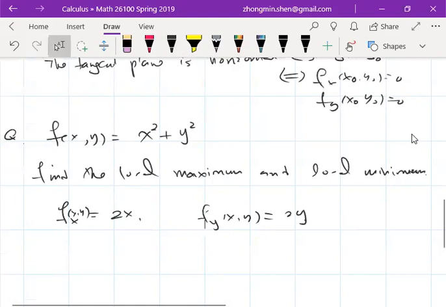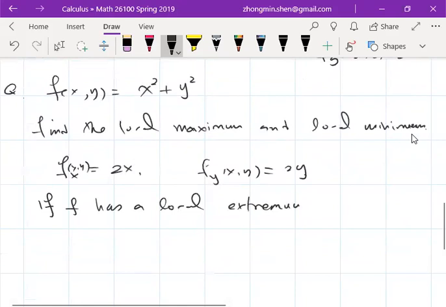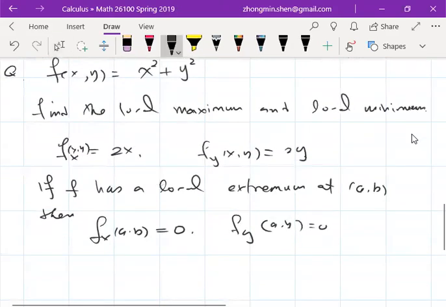If the function has a local extremum at some point (a, b), then f_x(a, b) should be 0 and f_y(a, b) should be 0, right? Then you will see that 2a equals 0 and 2b equals 0. So that means the point must be the origin.